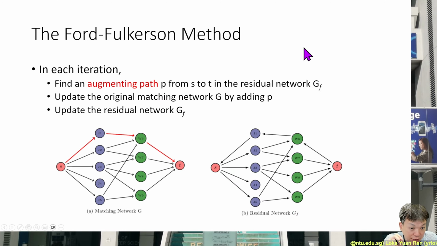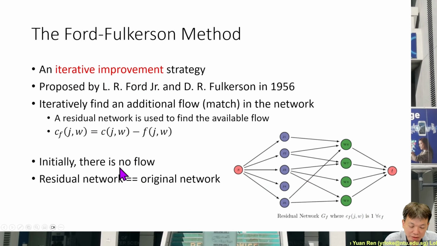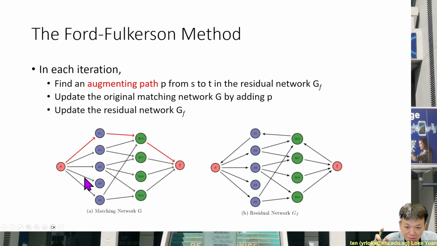Initially this is the original graph, this is the residue network, and as I mentioned, when there's no flow, they are exactly the same. After you find the first path from S to T, let's say from S to J1, from J1 to W6, from W6 to T, then you update your residue graph.